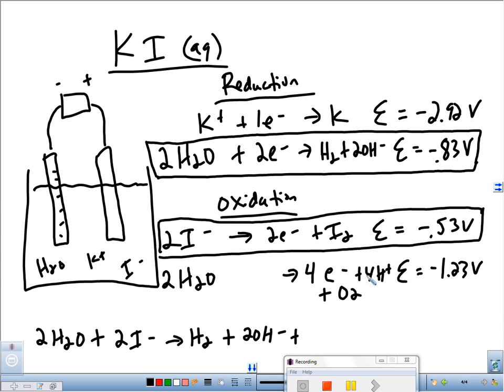Plus our other things over here. What do we got? Oh yeah, I'm looking at the wrong things. Sorry, I2. Only the ones here. 2 OH minus, that works perfectly. And then this I screwed up. Oh no, I didn't. Did I? I didn't. Is this right?